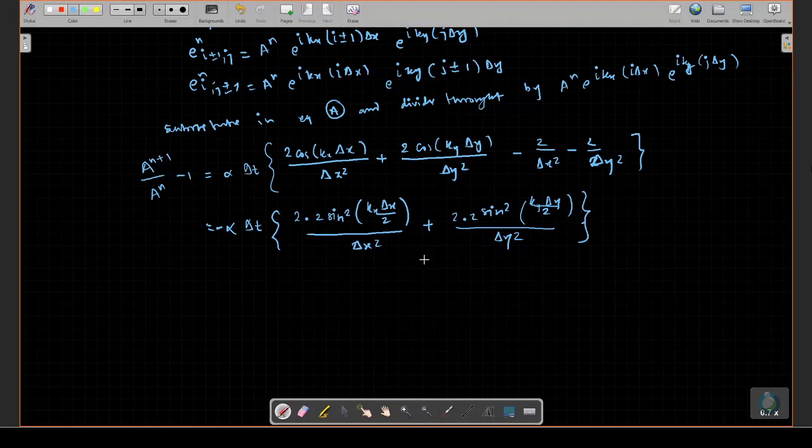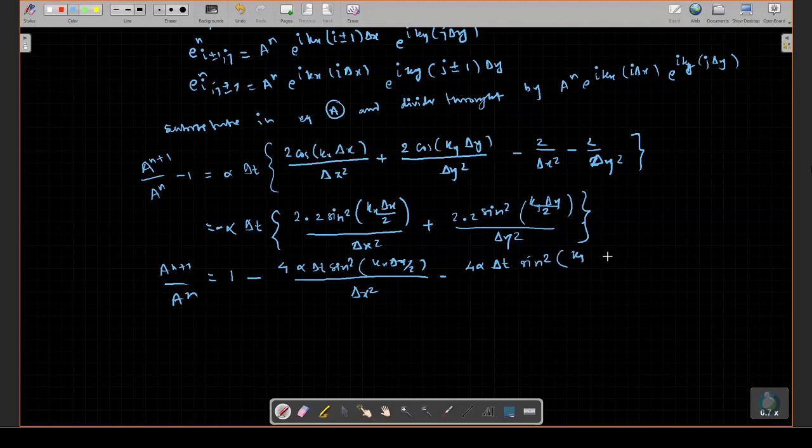So this can be written as A_(n+1) over A_n equals 1 minus 4 alpha Δt sine square (κ_x Δx/2) divided by Δx square, and minus 4 alpha Δt sine square (κ_y Δy/2) over Δy square.